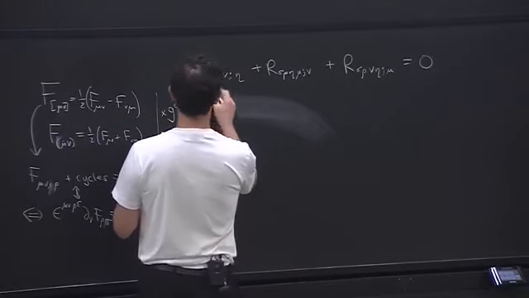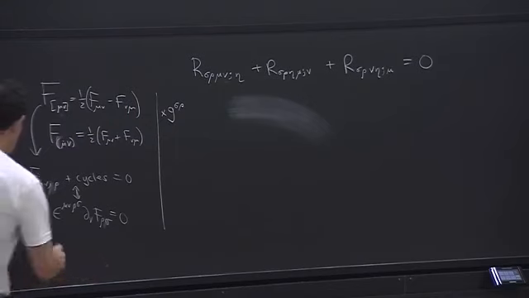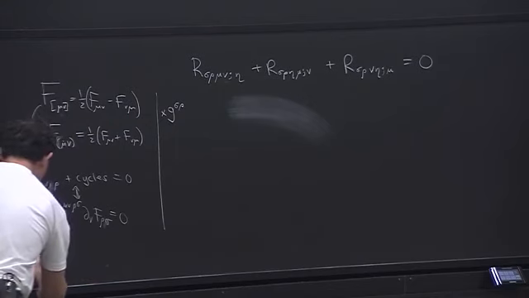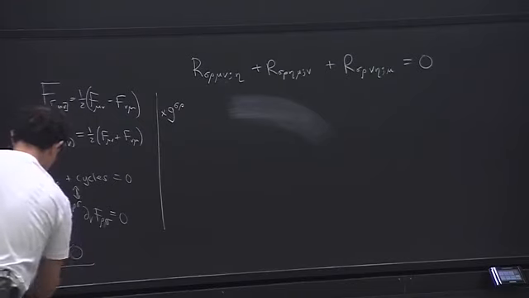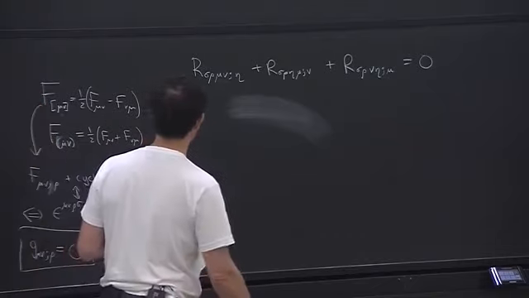And so obviously, now a very important point, we have already discussed that g mu nu semicolon rho equals 0, right? The covariant derivative of the metric is 0. Similarly, the covariant derivative of the inverse metric is 0.